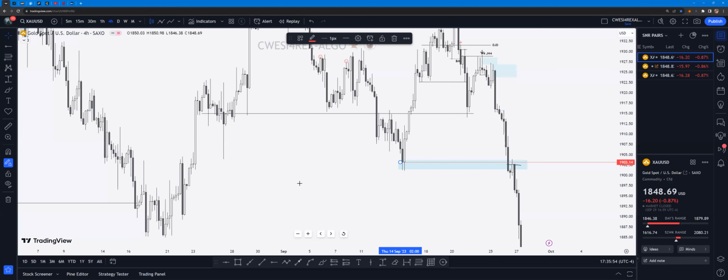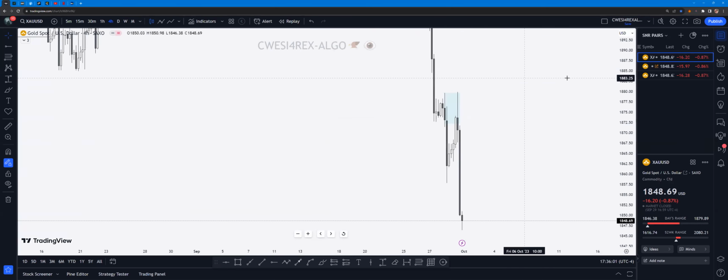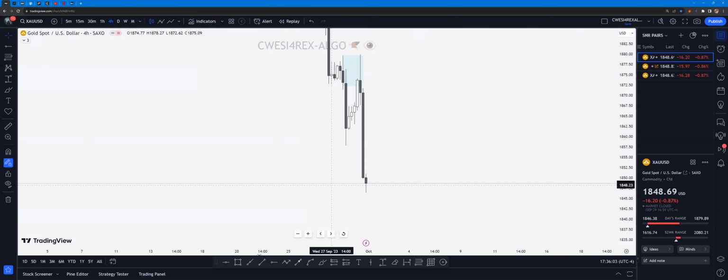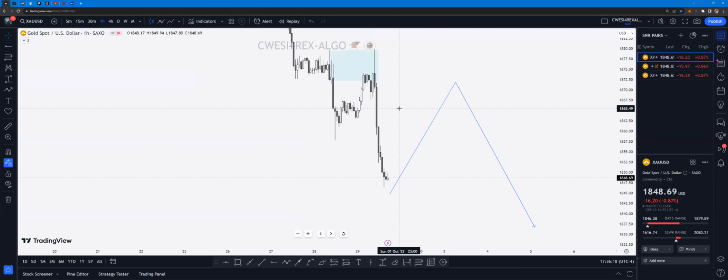And where is the point to look for more sells on the charts? Yeah, if you want to look for more sells, I'm looking at somewhere here. When price pulls back, you can look for more sells.